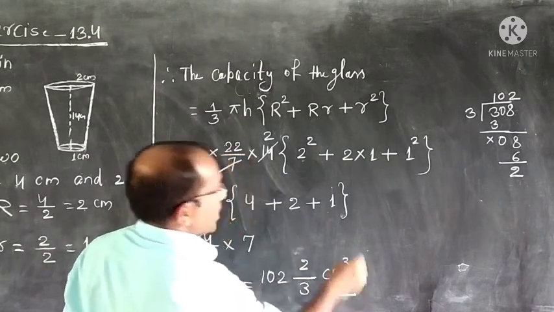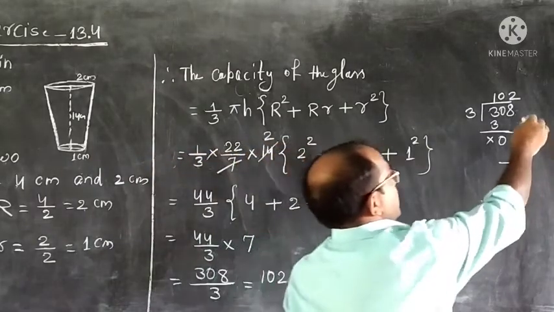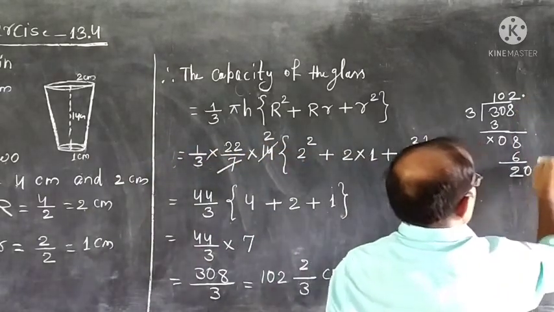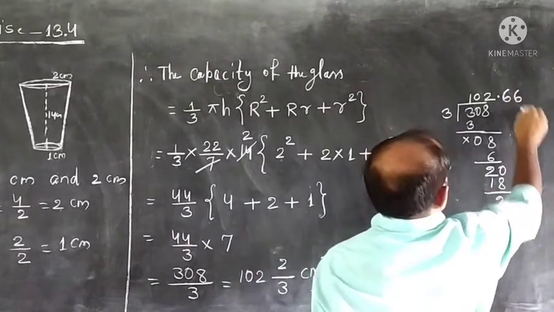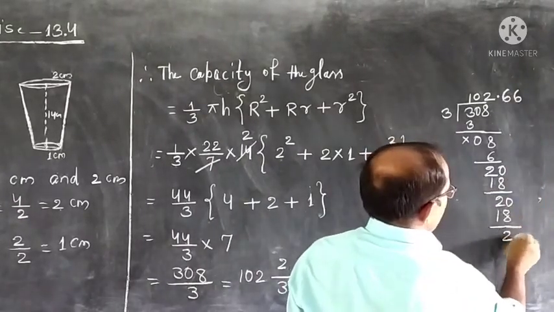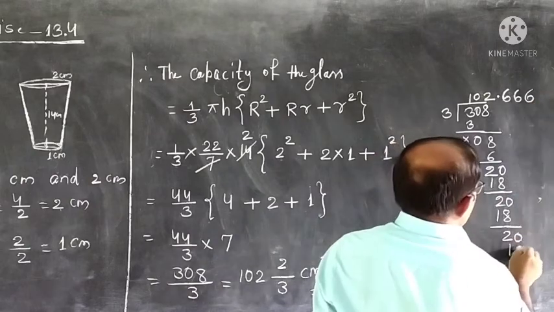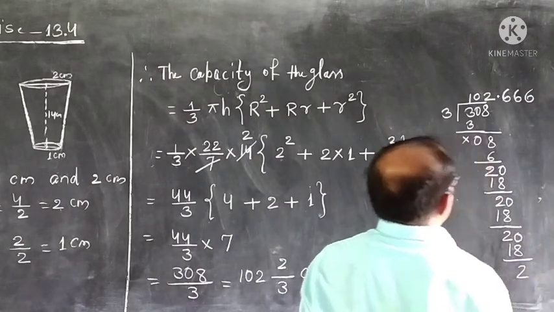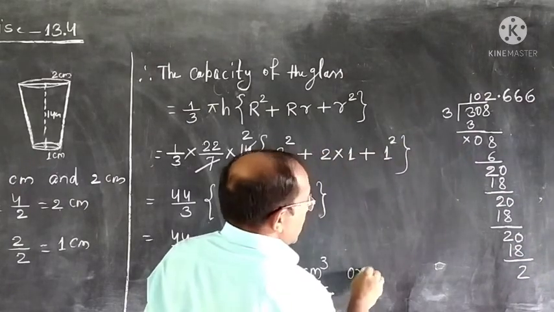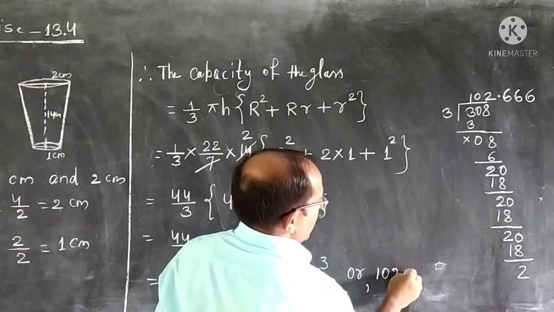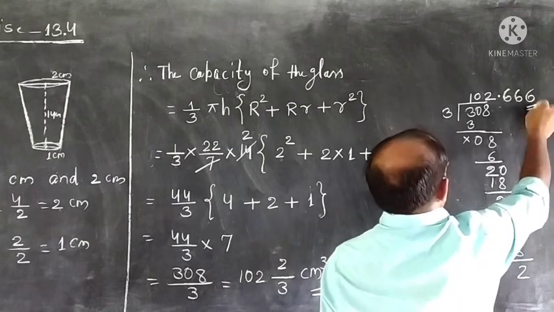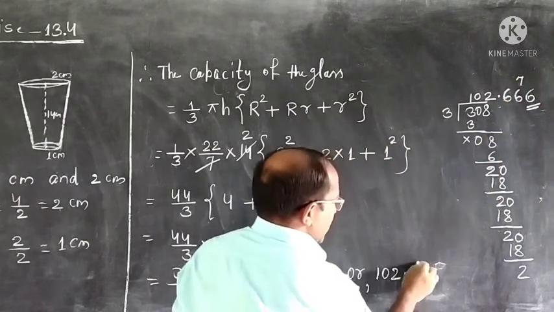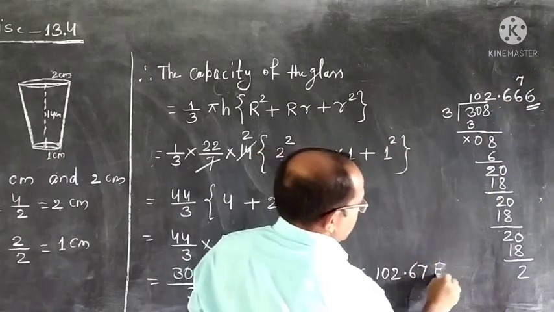If we proceed for converting into decimal, we use a decimal point, then 20, 3 6s are 18, again 2, 20, 3 6s are 18. The third digit is not divisible completely. So we can write here 102.666, that is the third digit 6. So we will take the approximate value next to this digit, 67 centimeter cube.